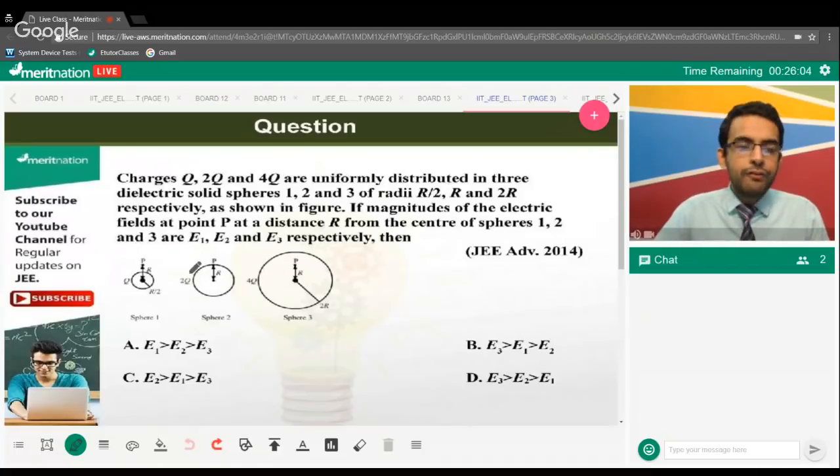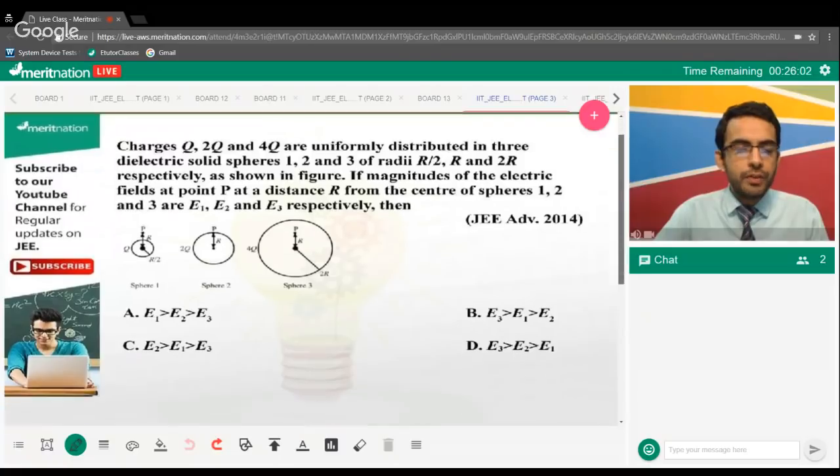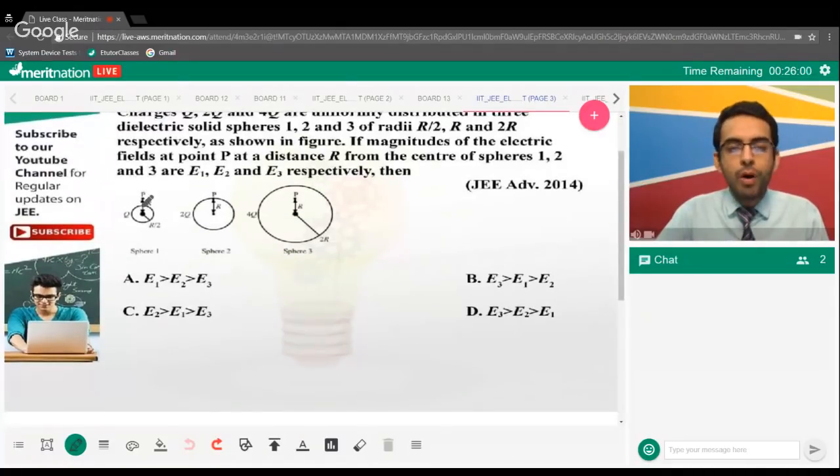For the first one, you can easily see that for the outside points, the sphere behaves as a point charge, as if the point charge is placed at its center. So E1 is equal to 1 by 4 pi epsilon naught divided into Q by capital R square, where capital R is the distance from the center, right?